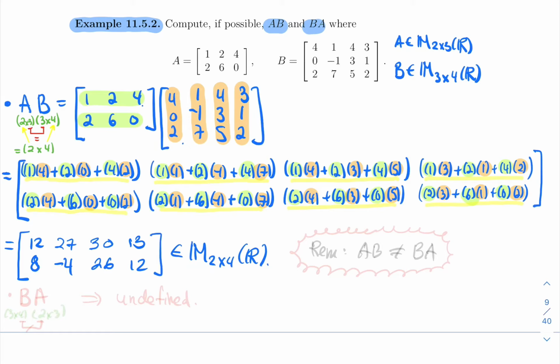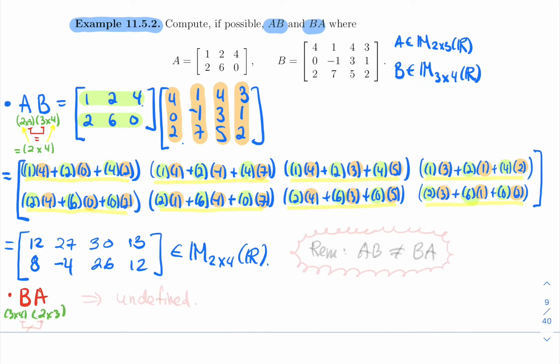Now if we try to multiply B times A, the problem is, if you look at the dimension of B first, this is still a 3 by 4, and A is still a 2 by 3.